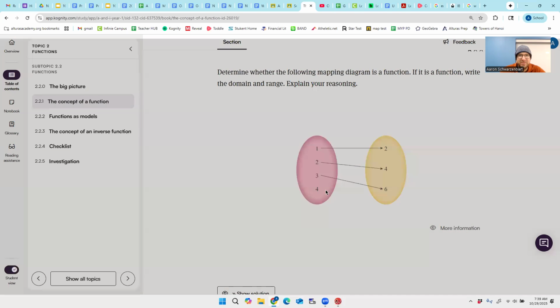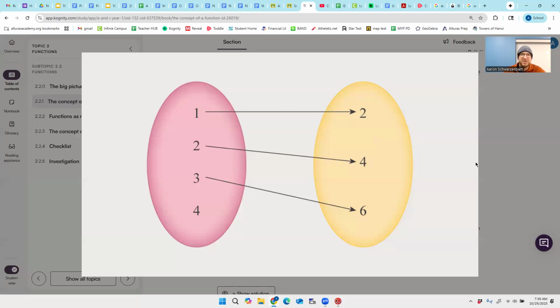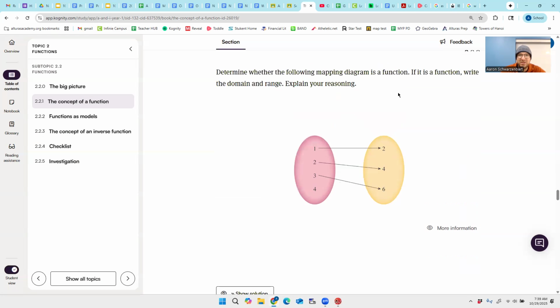This one, what's it actually asking me to do? It asked me to write the domain and range. So this is a function. The domain is what x's are actually there. 1, 2, 3. 4 doesn't go anywhere, so it's not part of the domain.